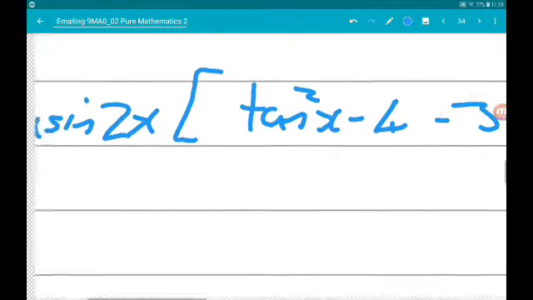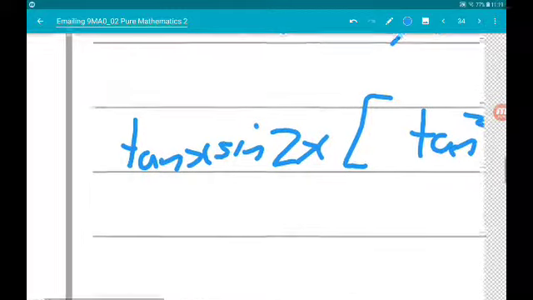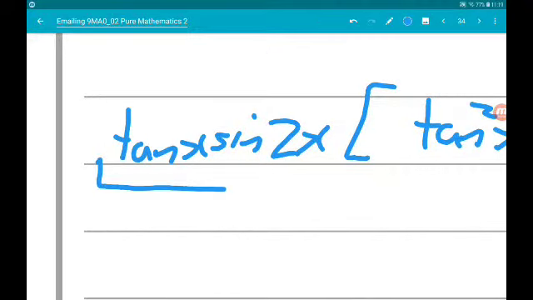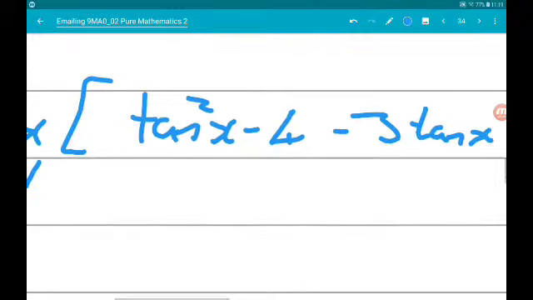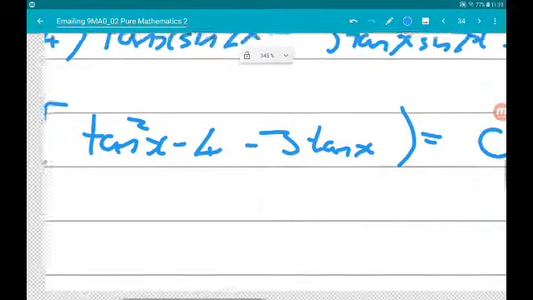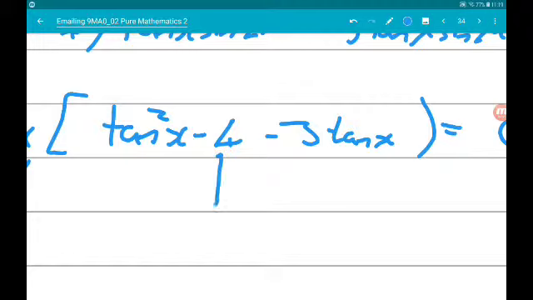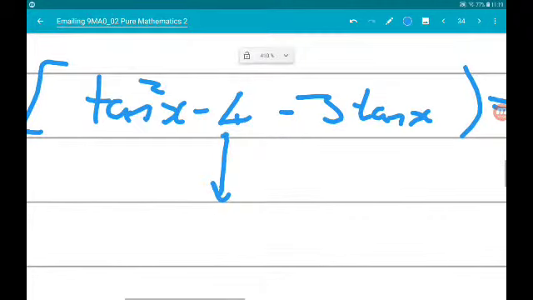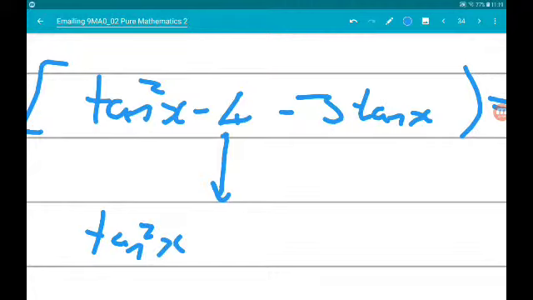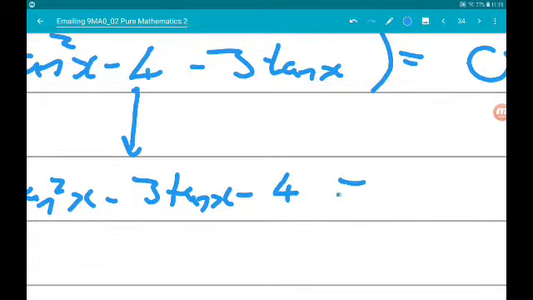Now, we've got the solution that comes from this bit. That just gave us x was equal to 0. So, all that we now need to concentrate on is what's going on in here. So, this is a quadratic: tan squared x minus 3 tan x minus 4. We need that to equal 0.